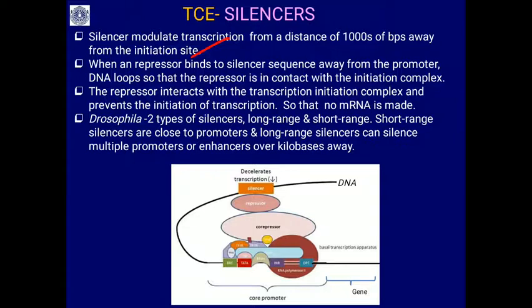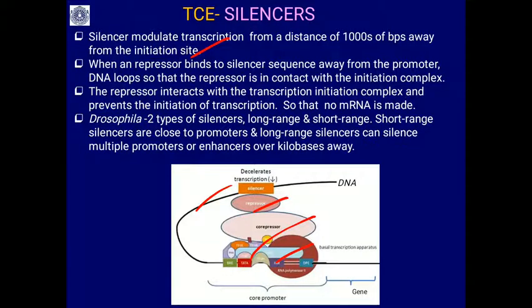When a repressor binds to a silencer sequence away from the promoter, the DNA takes a loop because it has to contact the promoter area. So the DNA loops so that the repressor is in contact with the initiation complex.